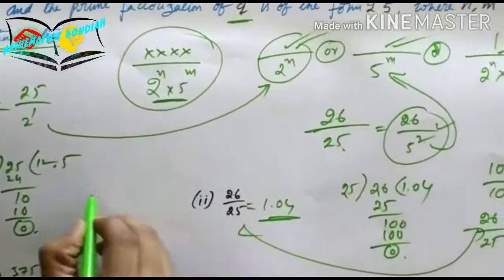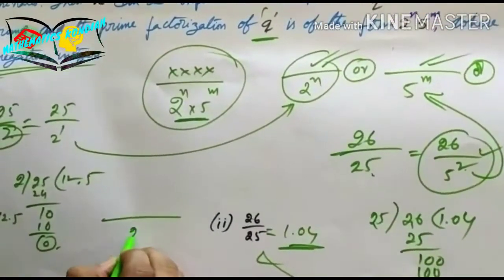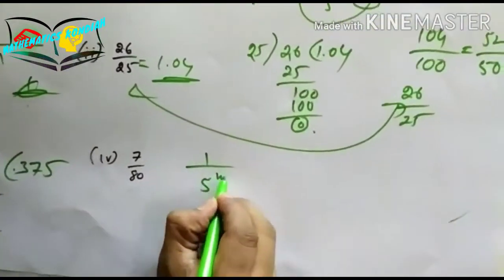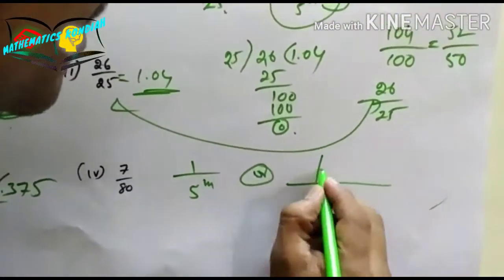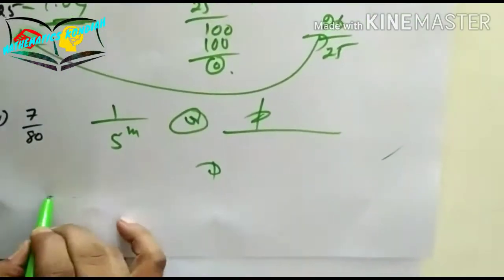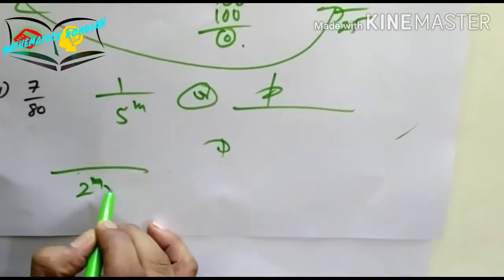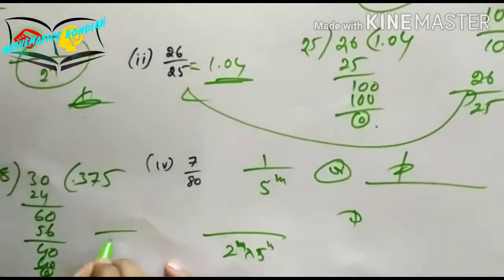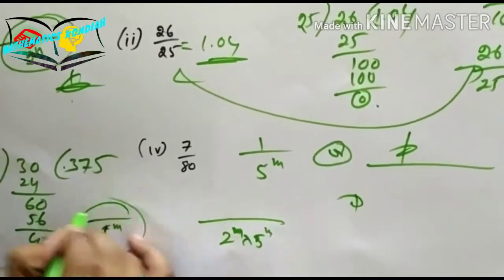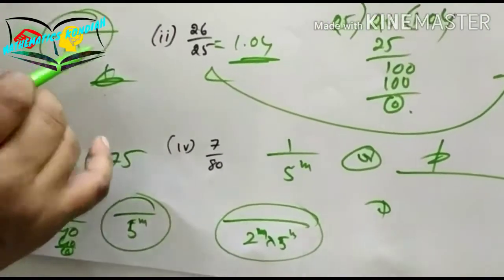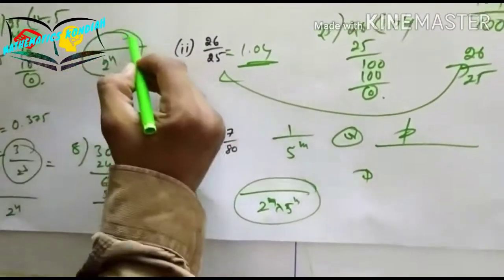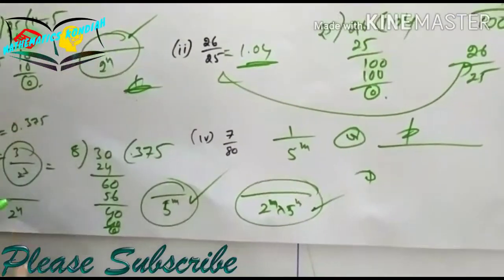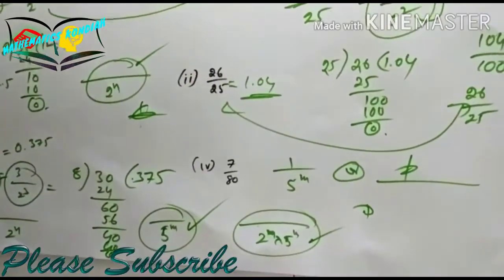If the denominator portion is 2 power n, or 5 power m, or the combination 2 power n into 5 power m, whatever it may be, then the fractions are terminating.